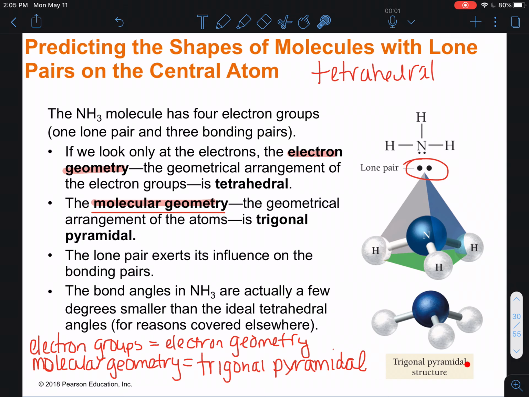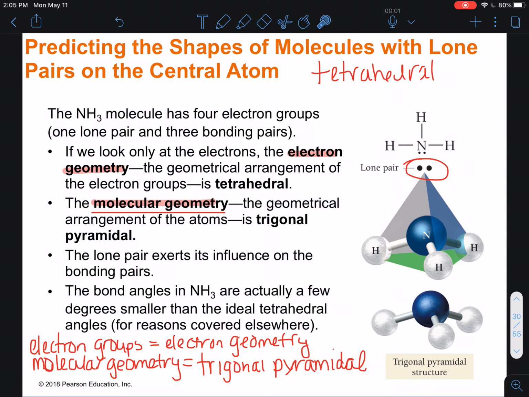But we had to get to this name, this category, by first identifying the number of electron groups, which gave us the electron geometry of tetrahedral. And then within the electron geometry of tetrahedral, we're able to get our molecular geometry, which was trigonal pyramidal. The only reason we got trigonal pyramidal is because anything with an electron geometry of tetrahedral with one lone pair is trigonal pyramidal.